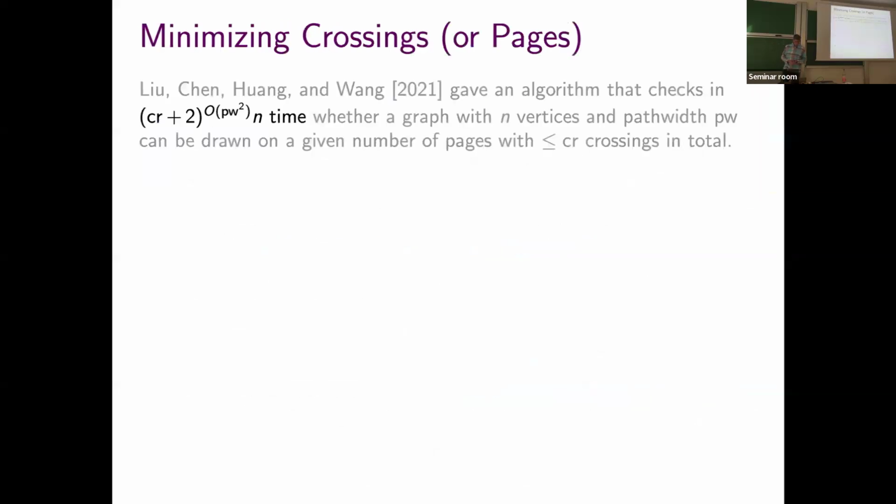And one related result that I probably have not mentioned yet is an algorithm that solves the problem of deciding whether you can actually distribute the edges to a given number of pages with at most a given budget of crossings. CR is just the number of crossings.